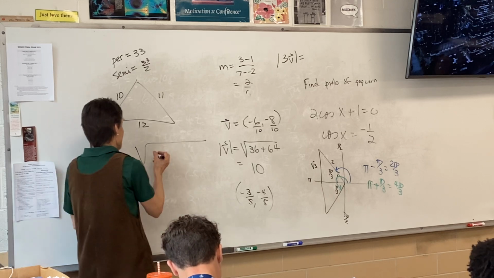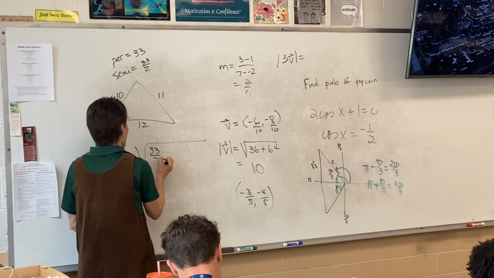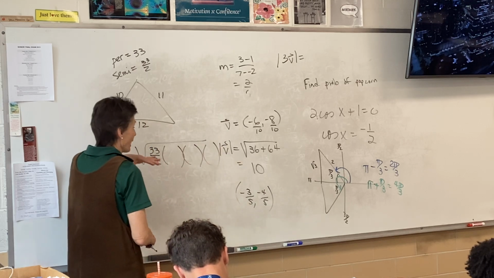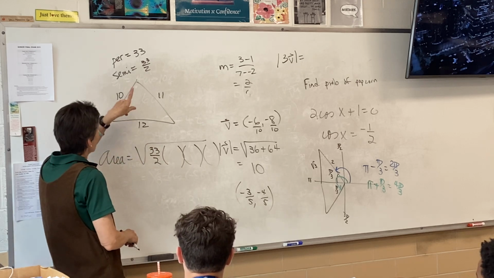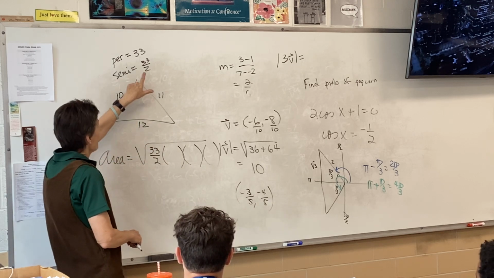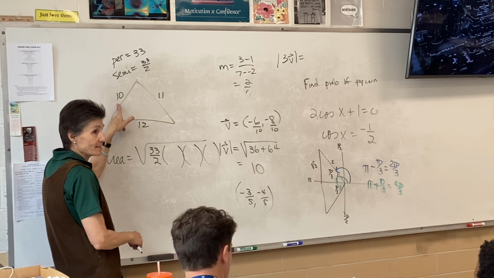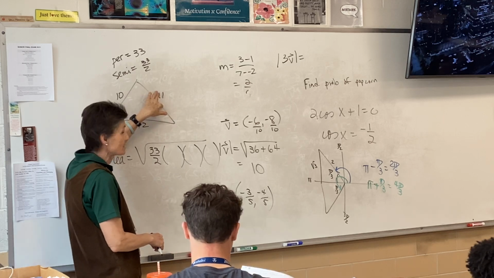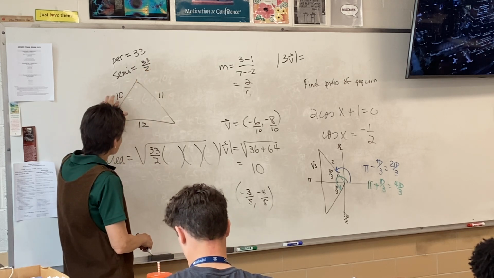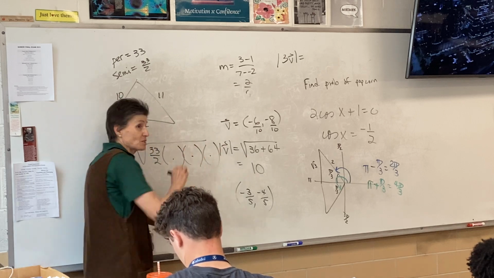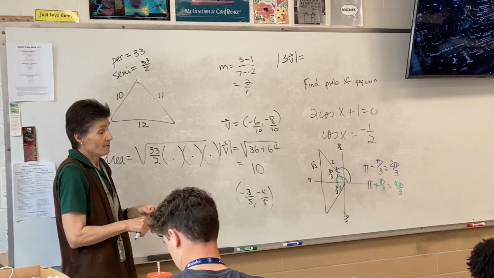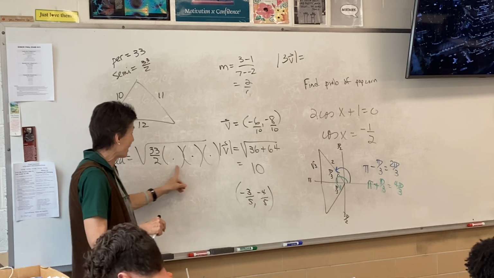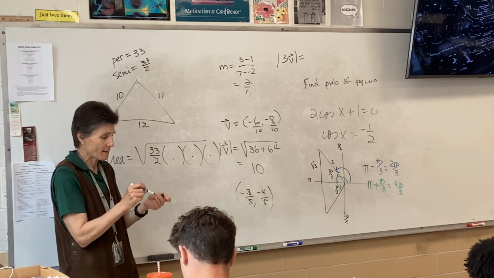So now I'm going to take that 33 halves and I'm going to multiply it by what? Do you remember? No, not the sides. That minus the sides. So this is 20 halves, 24 halves, and 22 halves. So subtract 33 halves minus each of those, and that's what goes in there. And the reason I left it as a fraction is because I'm going to have to square root it, and my bottom's going to be 16, so that's going to make it much easier.